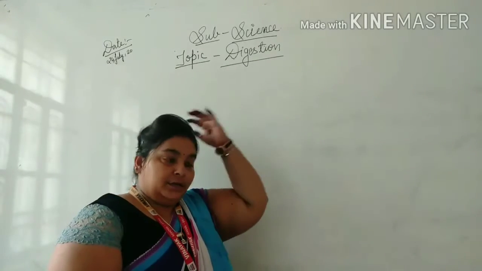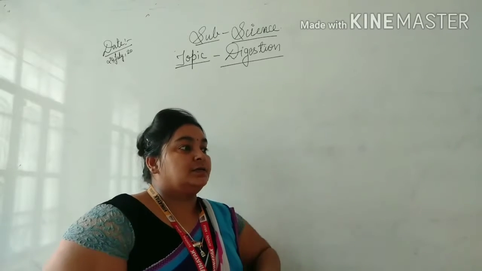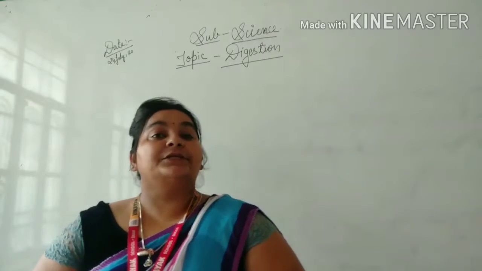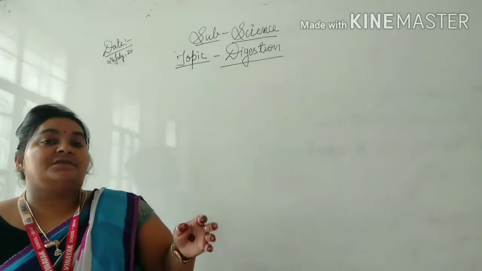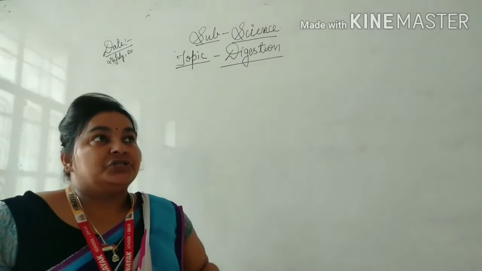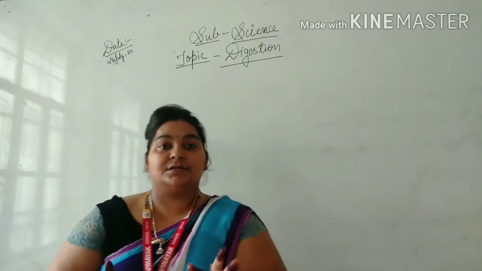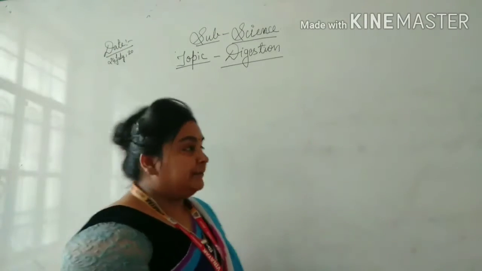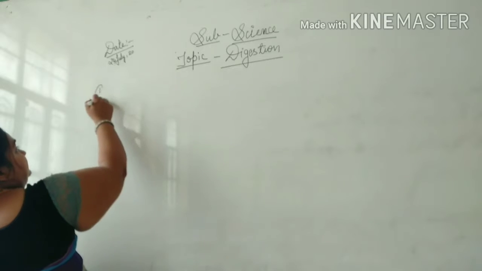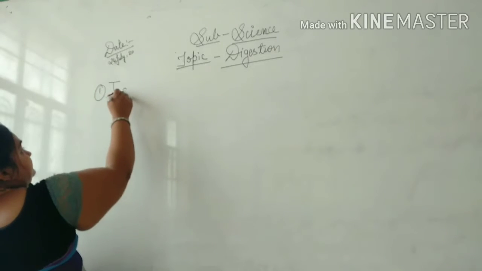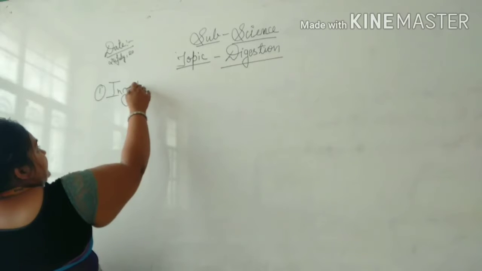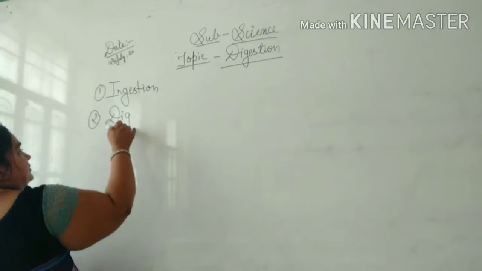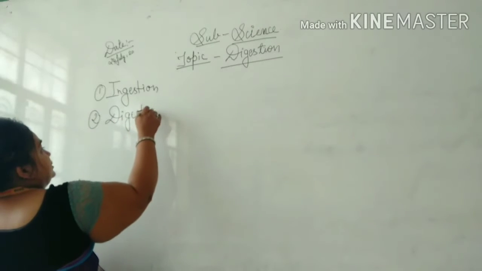Beta, I hope that in the last classes we took the first step, that was ingestion of food, isn't it? As we started this chapter, nutrition in animals, we discussed the steps in nutrition. There were 5 steps. What are they? First was ingestion. Second was digestion.